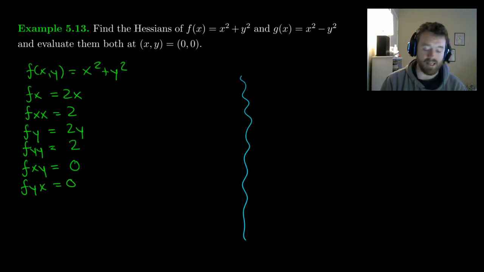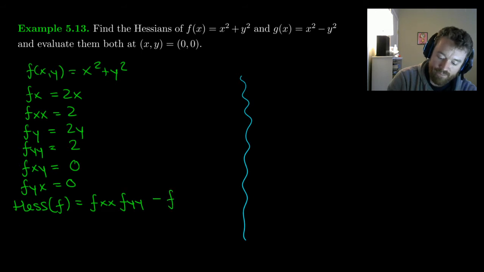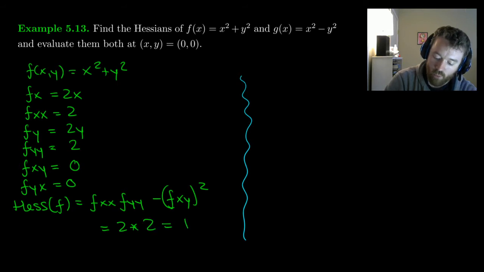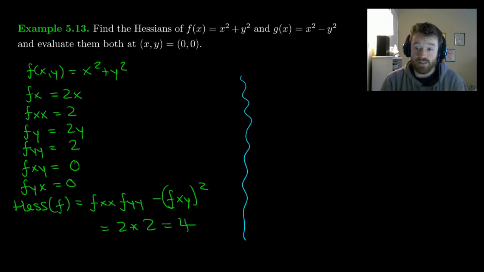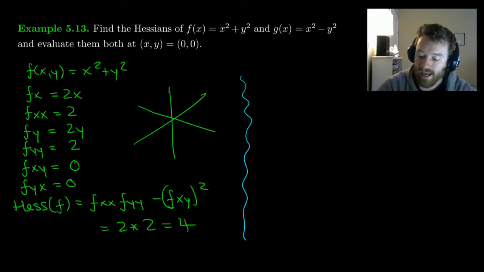And so in this case, the Hessian of f, which is fxx fyy minus fxy squared, is exactly equal to 2 times 2, which is 4. Actually, this is enough information to conclude that I am concave up at this point. And if you look at a graph of this thing, of course, to be clear, it's not obvious that it's enough.